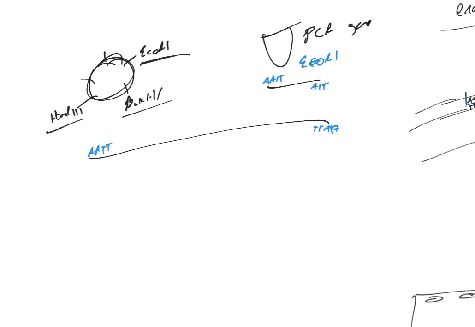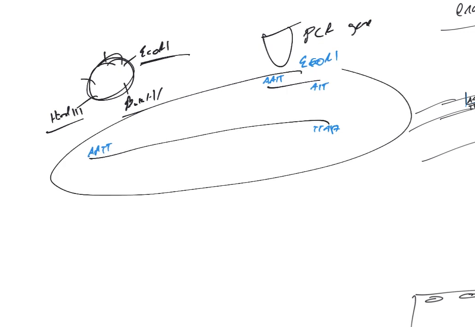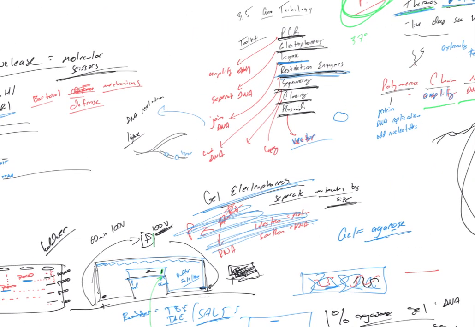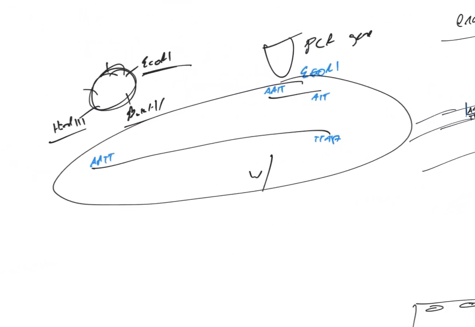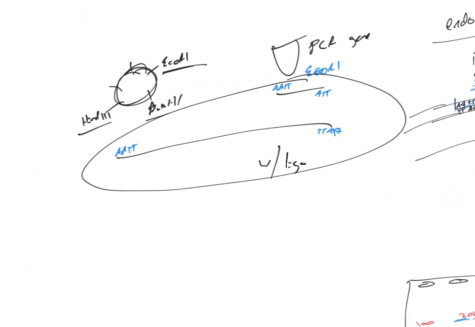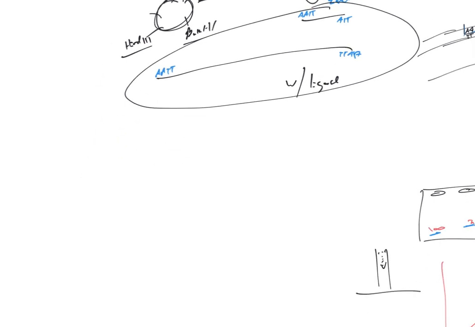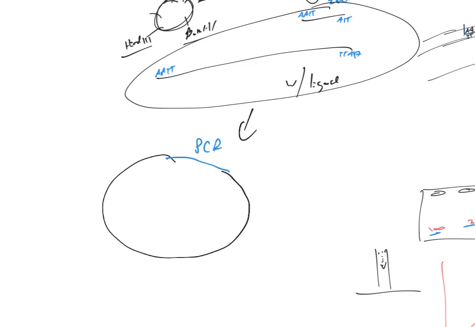Now I take both these pieces together. I put these together with what enzyme? What enzyme, people? Ligase, right? There's my ligase. So now I use my ligase, and bada bing, bada boom, I now have this plasmid, and I have my PCR product in the middle.